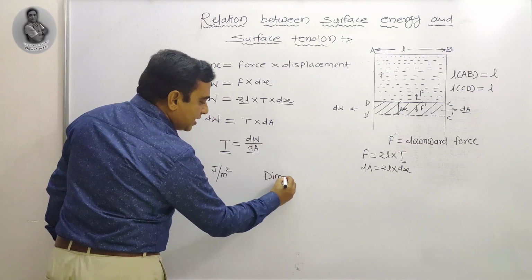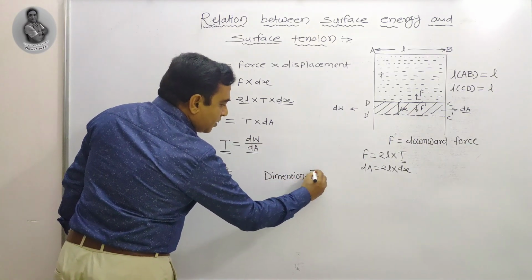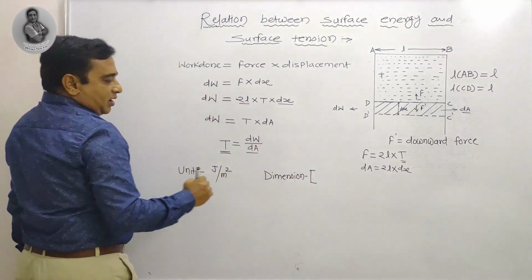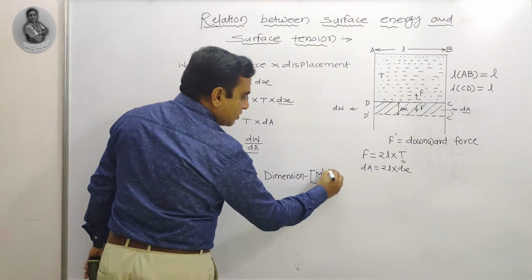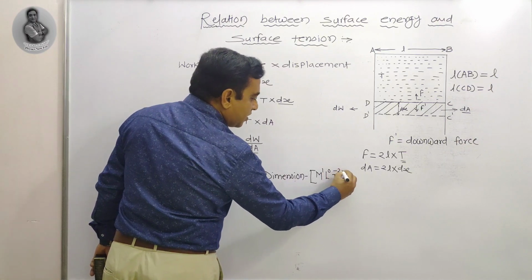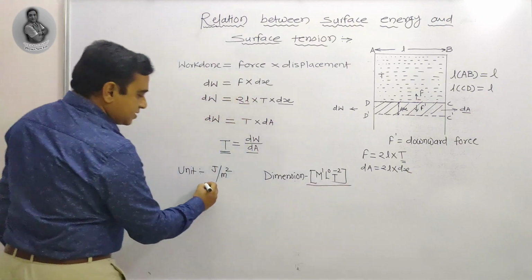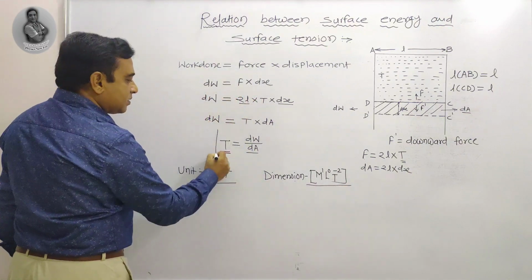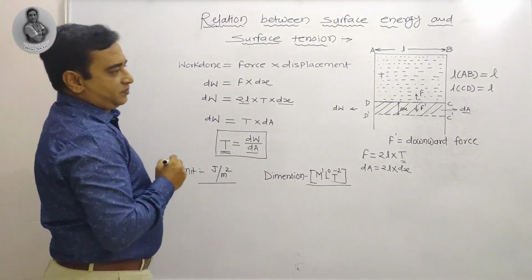The dimension on the basis of this formula is M1 L0 T raised to the power minus 2. This is your dimension, this is your unit, and this is the basic formula regarding the surface tension.